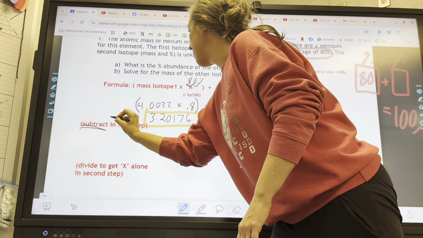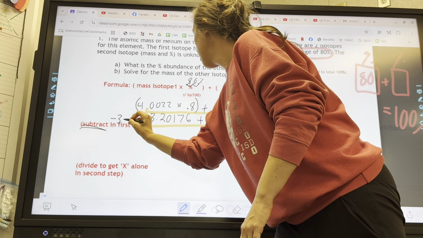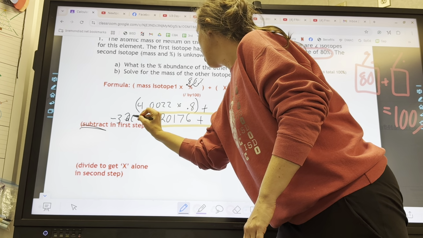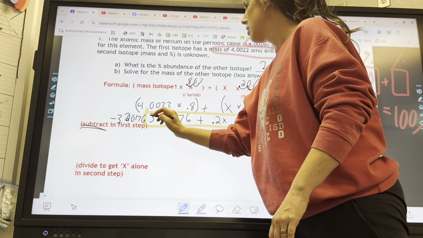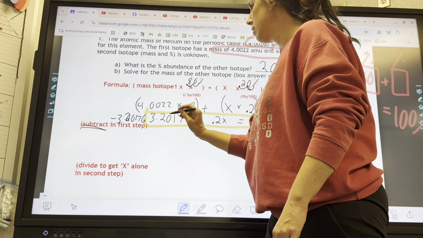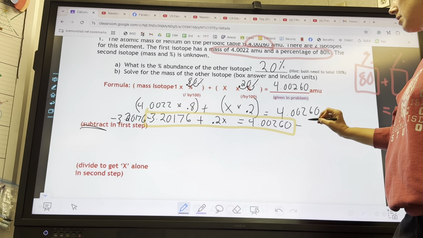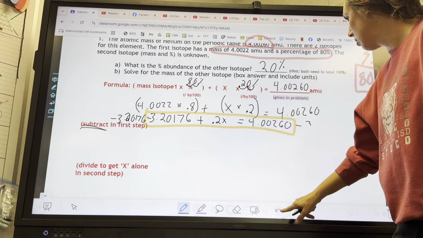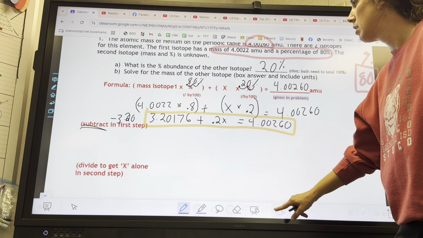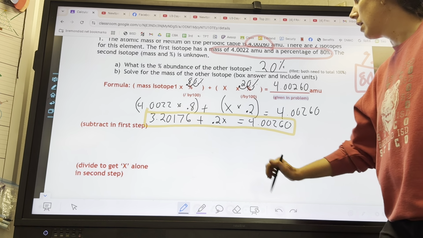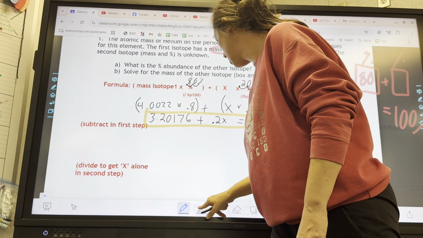So it's minus 3.20176. This ends up canceling out. Yeah, that cancels out. Okay. Then minus 3.20176 on the other side too. I'm going to do it in a different color.